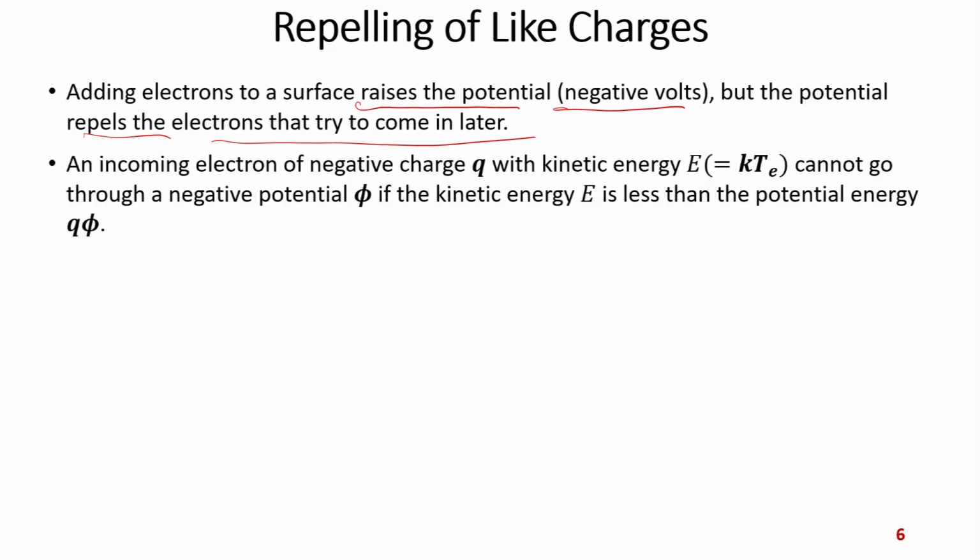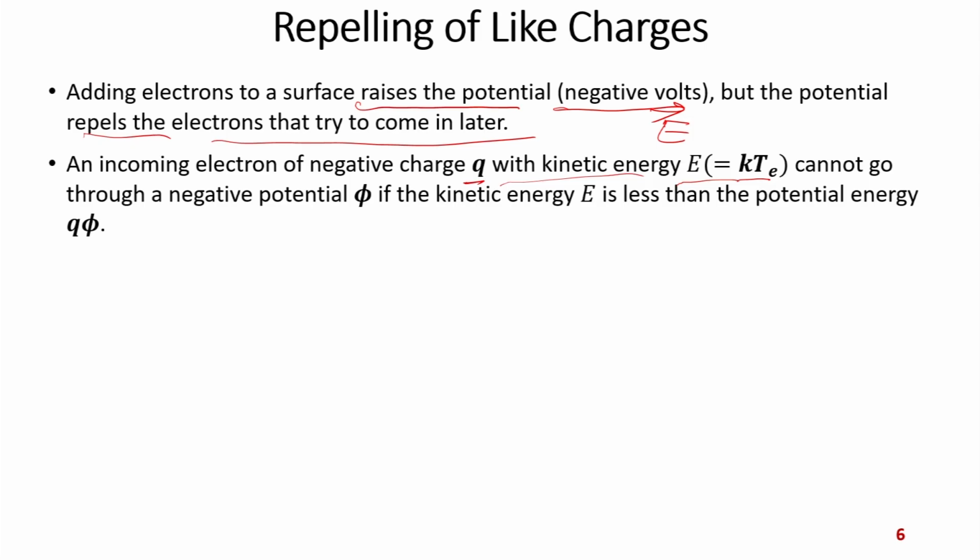The condition is that an incoming electron of negative charge q having a kinetic energy E. Here I am writing energy E as well as electric field also E. My electric field E is a vector, but here, since it is energy, it is a scalar. So when I write the electric field I have to use the vector notation, otherwise it is difficult to differentiate. Both are written E, used for energy as well as the symbol for the electric field.